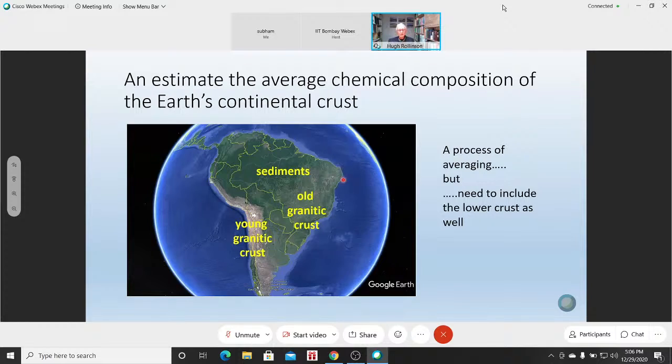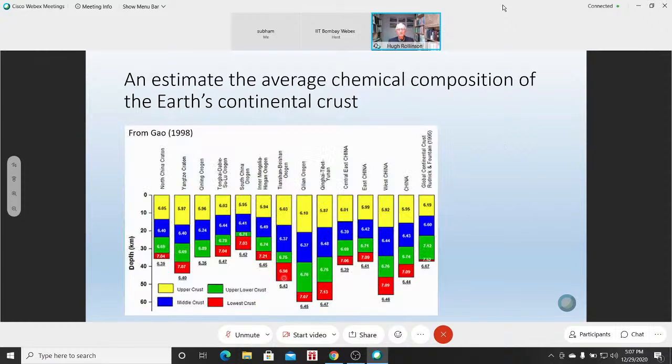However, these are the rocks which are just at the surface. We also need to look at the rocks which are beneath the surface. So we need to also include the lower continental crust to get a true crustal average composition.